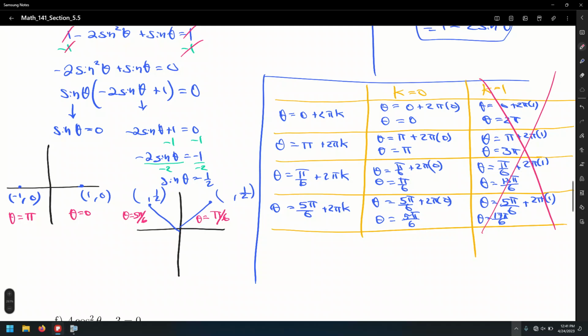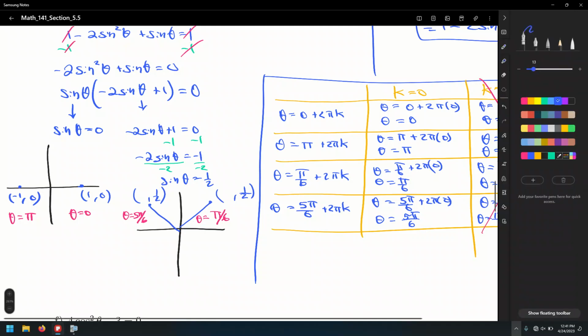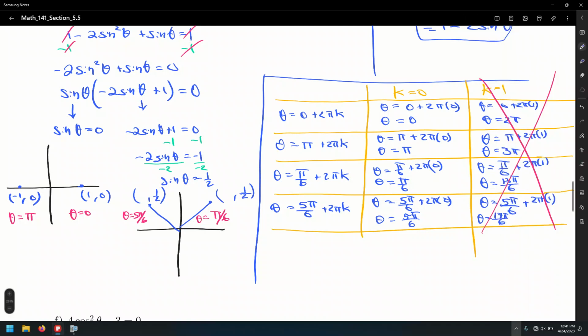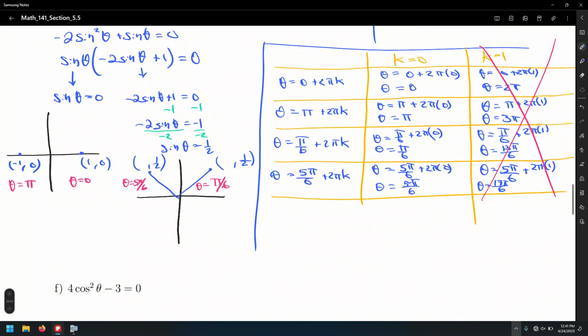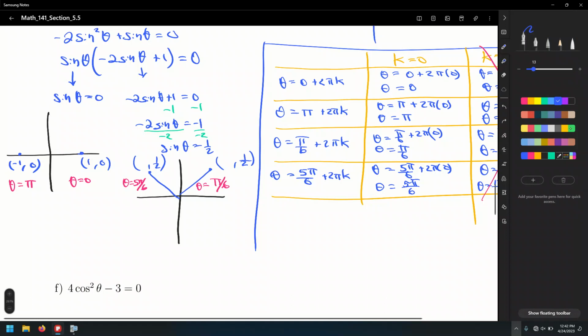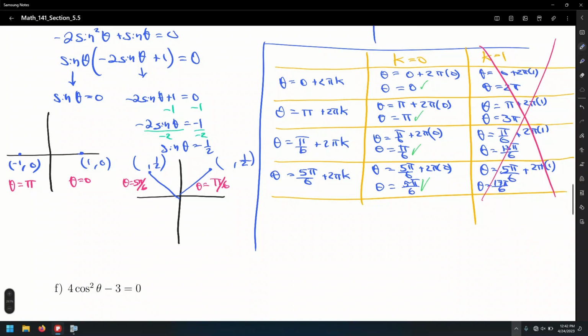So what we're going to do here is call this a solution set only for the values that lie within the interval 0 to 2 pi. That's 1, 2, 3, and 4. Only those 4 are the solutions within the interval 0 to 2 pi.